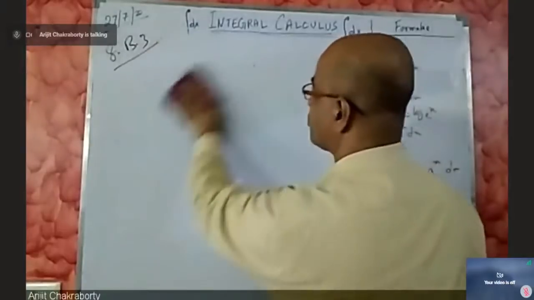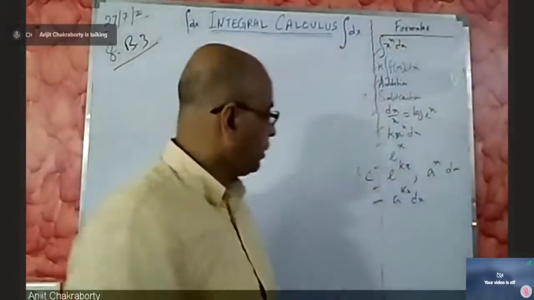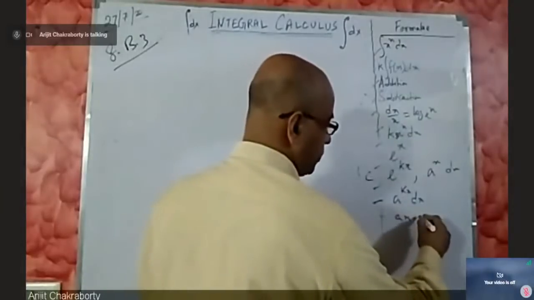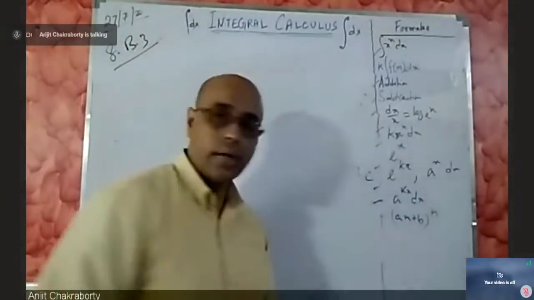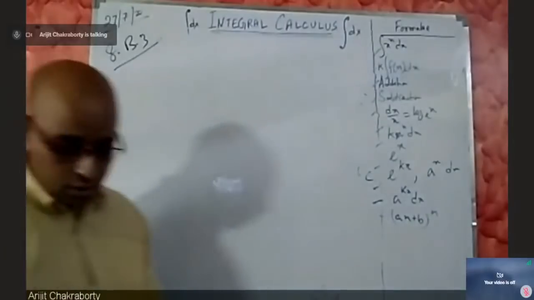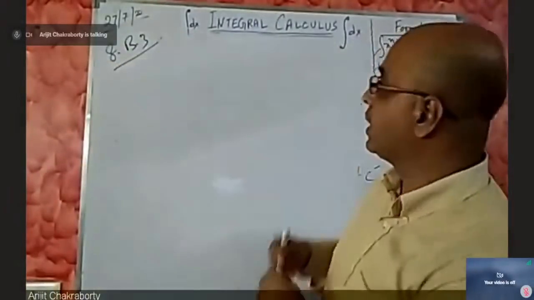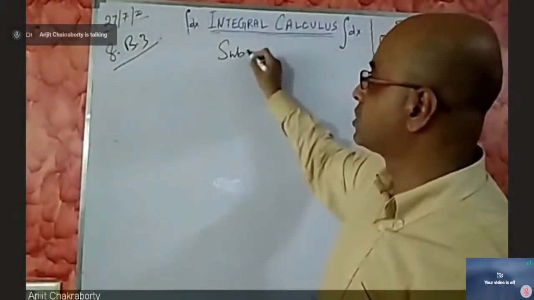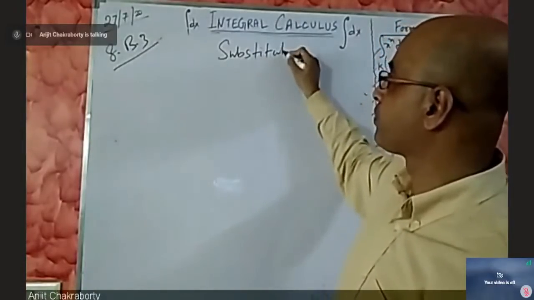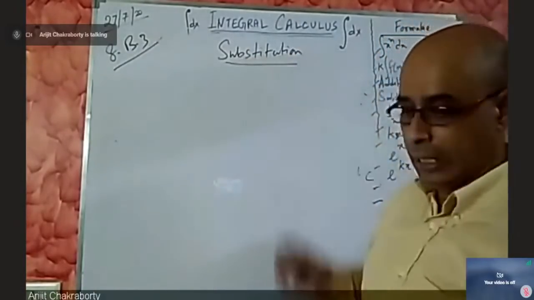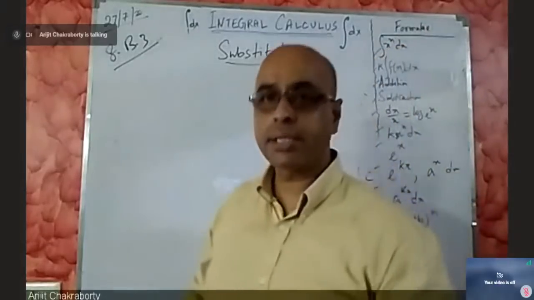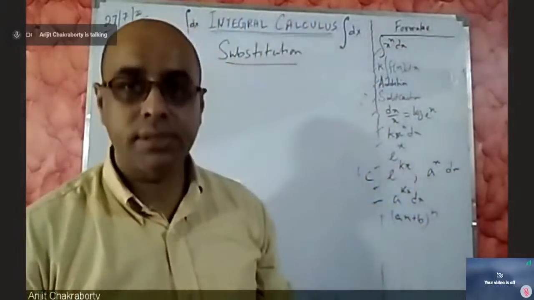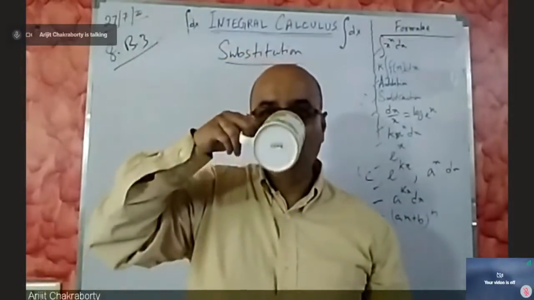So I'll keep a note of the formula. ax plus b to the power n we have done. Now we move on to the method of substitution. So we are going to substitute. Now let us take the example which is given in the study material.